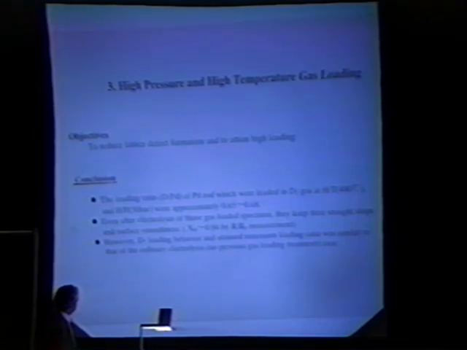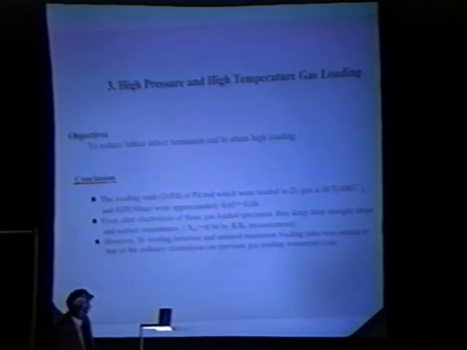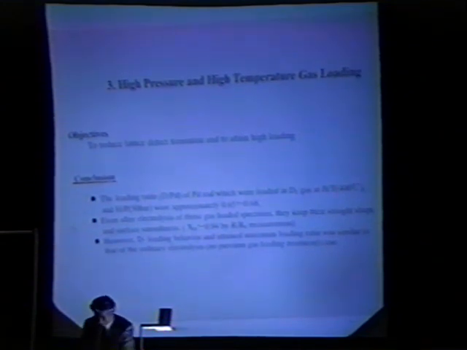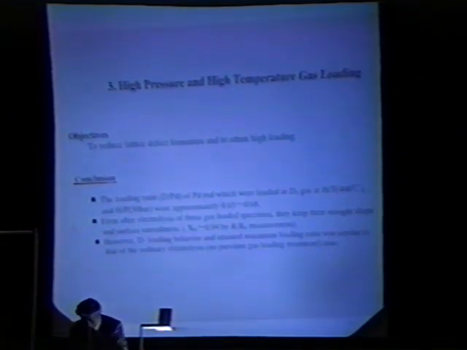Even after this gas loading, the specimens keep their straight shape and surface smoothness. However, the loading behavior was different, and the attained maximum loading ratio was similar to that of ordinary electrolysis. I have many photographs and figures to explain, but I've run out of time.